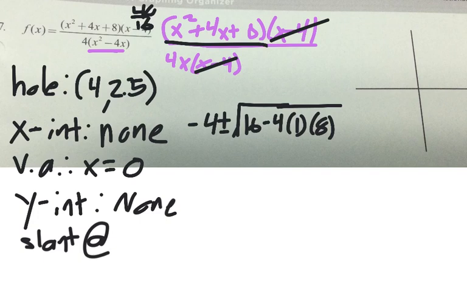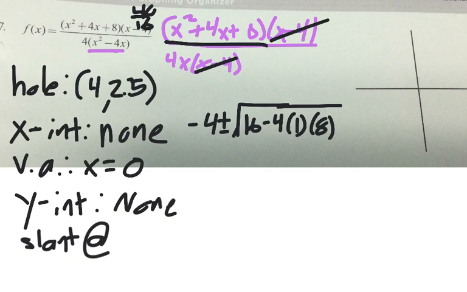The minus 4x squared plus 4x squared cancels. Minus 16x plus 8x is negative 8x. And then minus 32. So the numerator is x cubed minus 8x minus 32. In the denominator, if I distribute that, it's going to be 4x squared minus 16x.